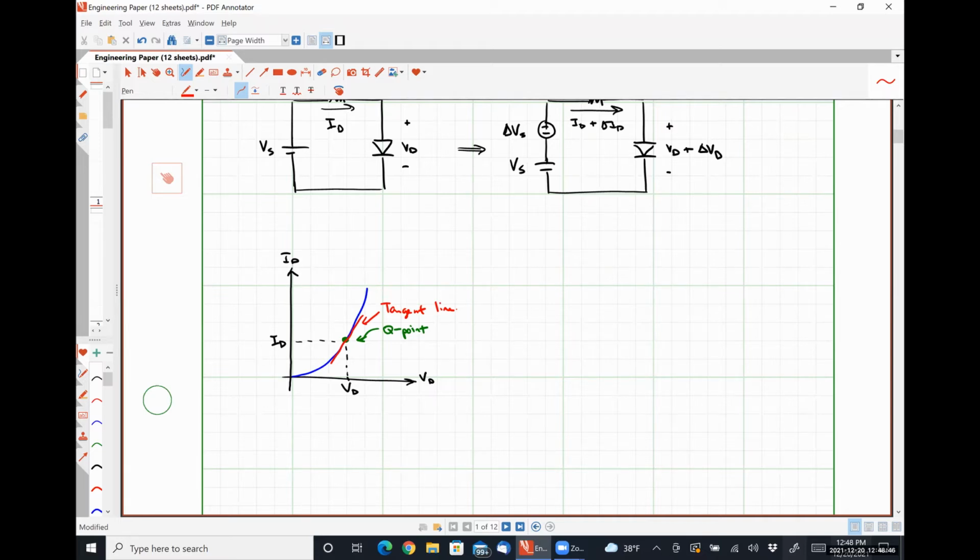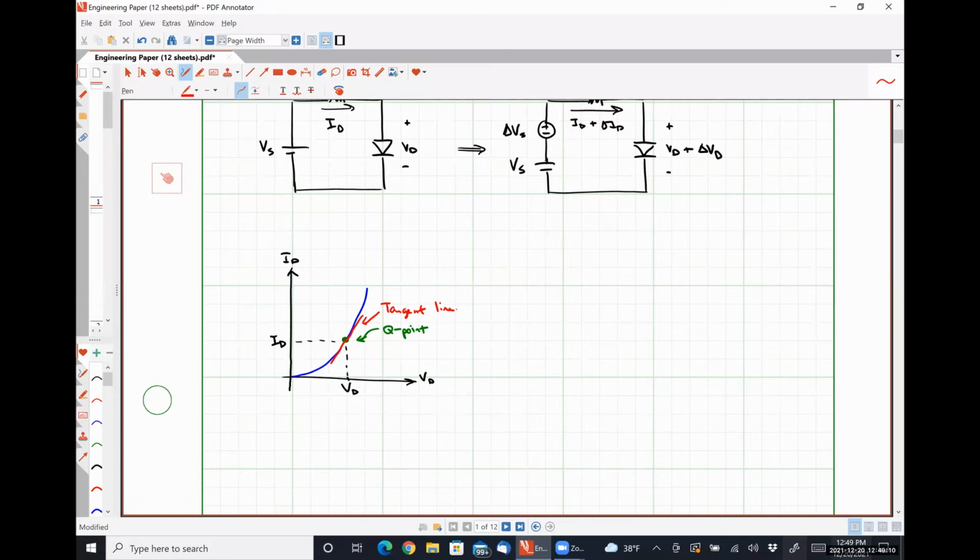So based on what we saw with the example problem that we worked, if we perturb the system by a small amount, we're really just moving this quiescent operating point either a little up or a little down the curve.